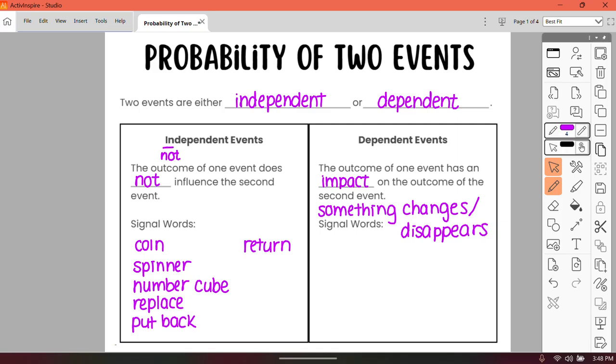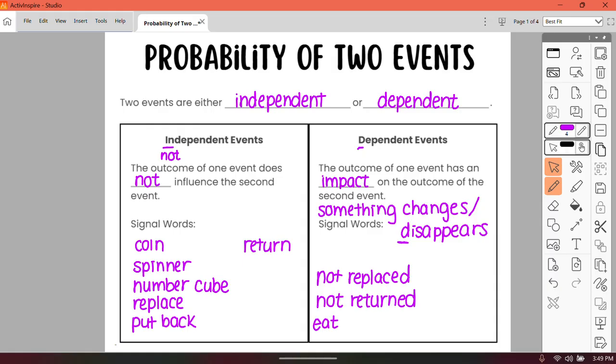And you will see that happen when it says, like, you draw a marble and then that marble is not replaced, or that marble is not returned. Or sometimes the item will be food, like a piece of candy, and it will say that the first piece was eaten. So in that case, something has disappeared, which makes it dependent.